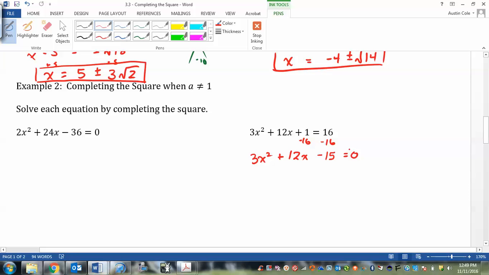Okay, now my a value is 3. All right? So here's what we need to do. Isn't there a 3 in common with everything in this case? Okay, so we're going to factor out a 3. So if I factor out a 3, I'm going to be left with x squared plus 4x minus 5.